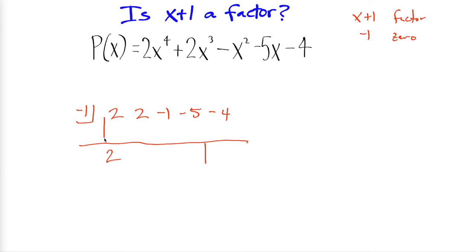Bring the number down. Multiply. Bring the first number down. Multiply times whatever's in the box. Write your answer in the next spot. Add. Multiply. Add. Wait, what do you multiply? Times the box. Oh, yeah.